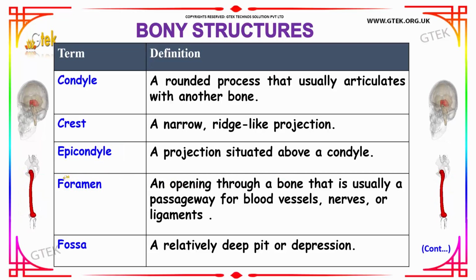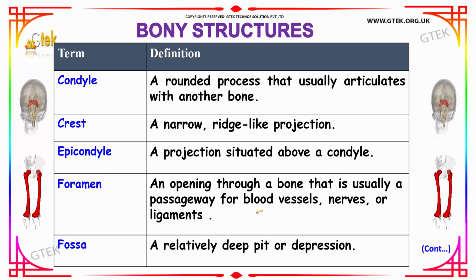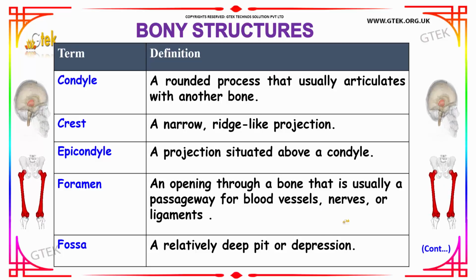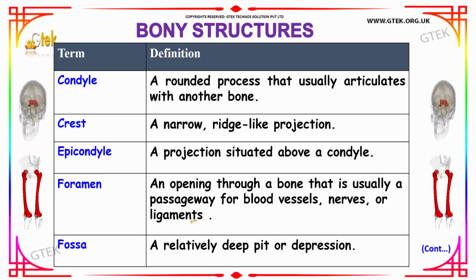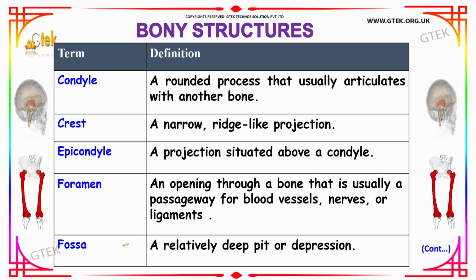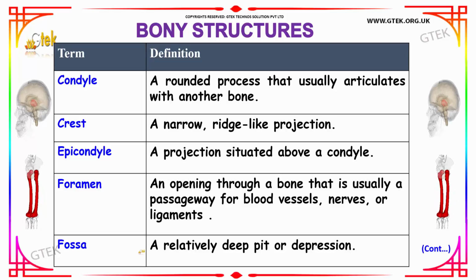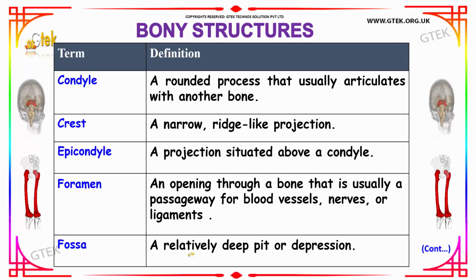Next, we have a foramen, which is an opening through a bone that is usually a passageway for your blood vessels, nerves or ligaments to penetrate and grab on. Our next term is fossa, a relatively deep pit or depression.